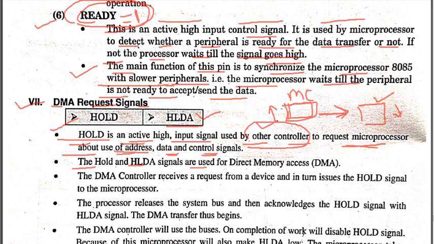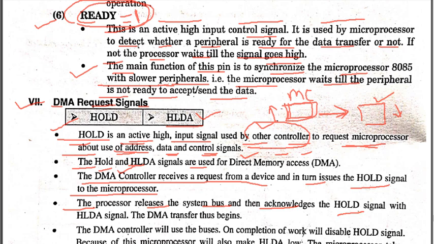So the HOLD and HLDA signals are used for DMA. DMA long form is direct memory access. The DMA controller receives the request from the device and in turn issues the HOLD signal to the microprocessor. तो DMA रिक्वेस्ट के लिए यहाँ पे DMA कंट्रोलर यूज़ होता है। ठीक है, तो DMA कंट्रोलर में पहले रिक्वेस्ट रिसीव होता है और उसके बाद यहाँ पे HOLD सिग्नल माइक्रोप्रोसेसर जनरेट करता है, and then it will give control of the address, data bus and control signals to the other controller.